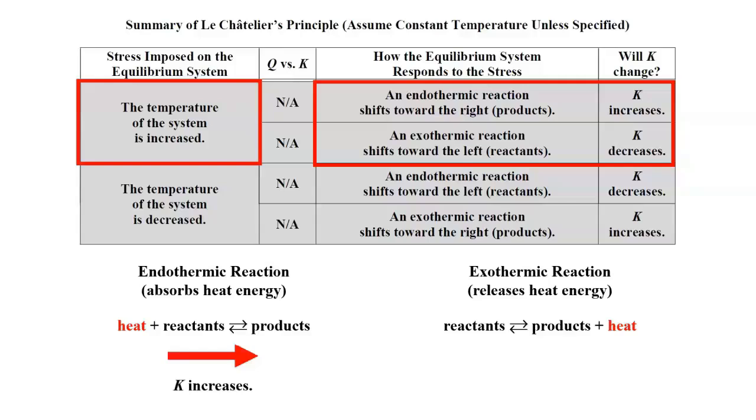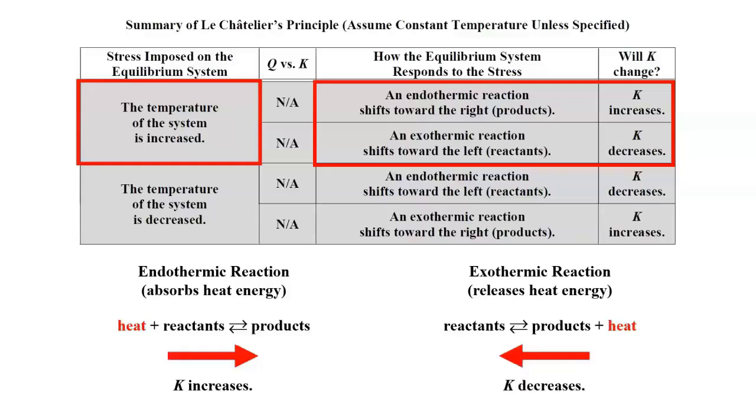But on the other hand, if you happen to have an exothermic reaction and you increase the temperature, then the equilibrium system will shift from the products to the reactants, or from right to left, and this will cause the value of K to decrease.